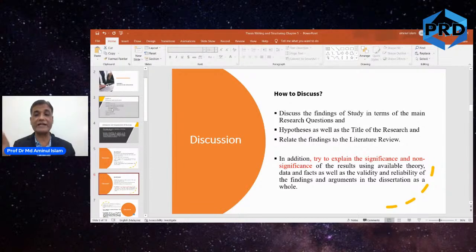Because when you constructed the hypothesis, you constructed it with support from the literature. And when you have literature support, it means you expect them to be significant, and when it turns out to be non-significant, that is also a good finding, because your findings are totally different from others.